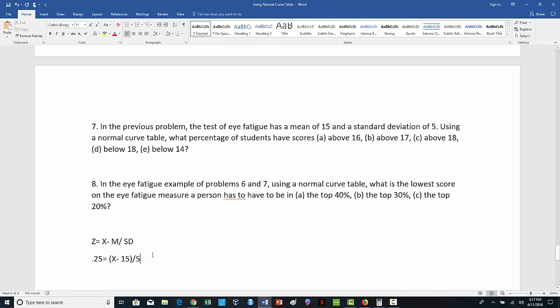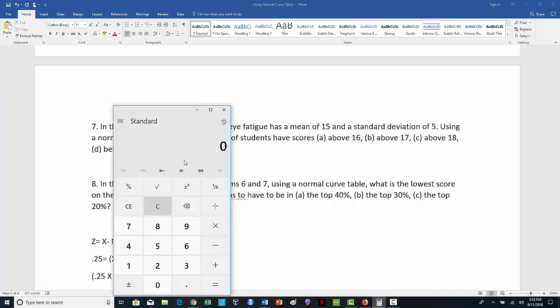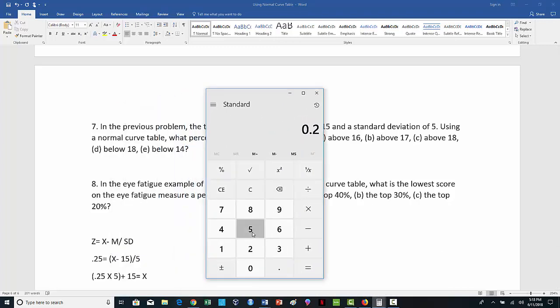So when we rearrange that to solve for x, it's going to be 0.25 times 5, do that first, and then plus the mean. And that's going to equal what we're looking for, which is x, the raw score. So you just solve it like this. If I take 0.25 times 5, I get 1.25. And the mean was 15.